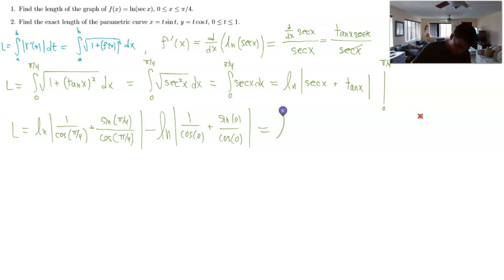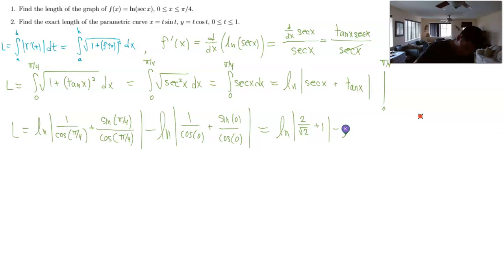So we get ln, okay, cosine pi over 4, what is that going to be? Cosine pi over 4 is square root 2 divided by 2. So in this case, since it's 1 over it, it's going to be 2 over square root 2. Right. And then sine pi over 4 over cosine pi over 4: sine and cosine at pi over 4 are the same thing, so the same thing divided by the same thing is 1.